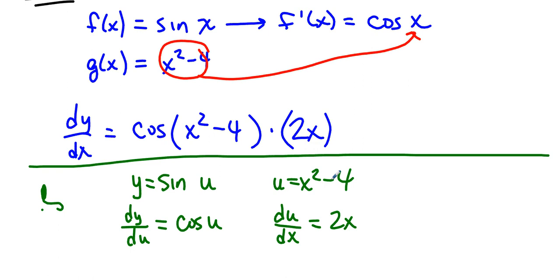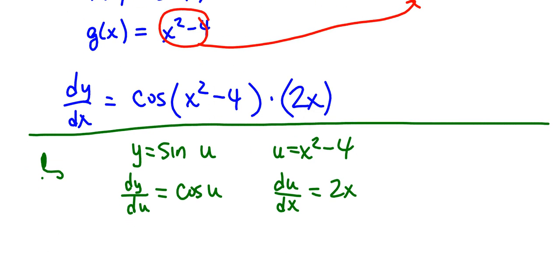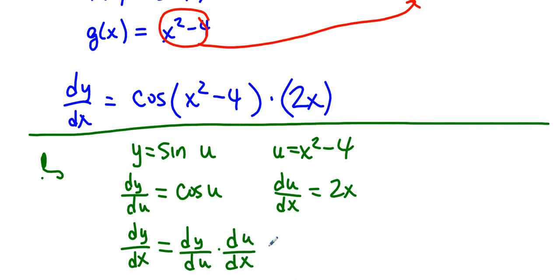Just taking a derivative, taking a derivative. So when I want dy/dx, I just take dy/du and multiply by du/dx. That's the cosine of u, but we don't want to write u. We want to write down what u is.